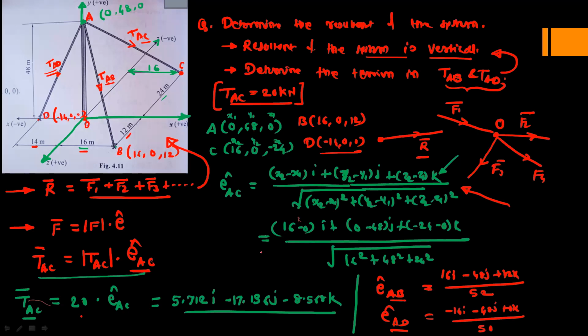Then find the vector tension AB bar, which is equal to the magnitude of tension AB into unit vector AB.